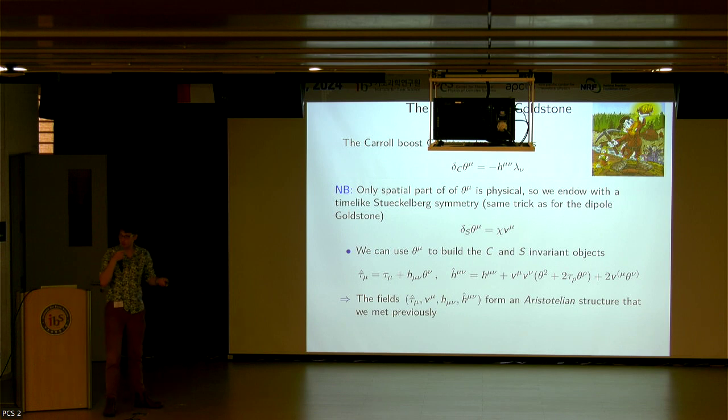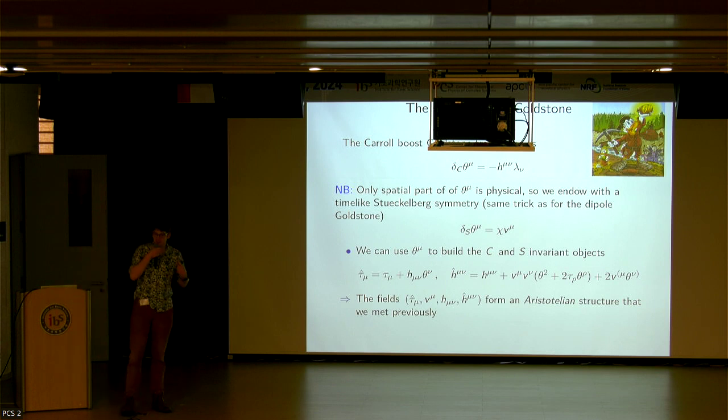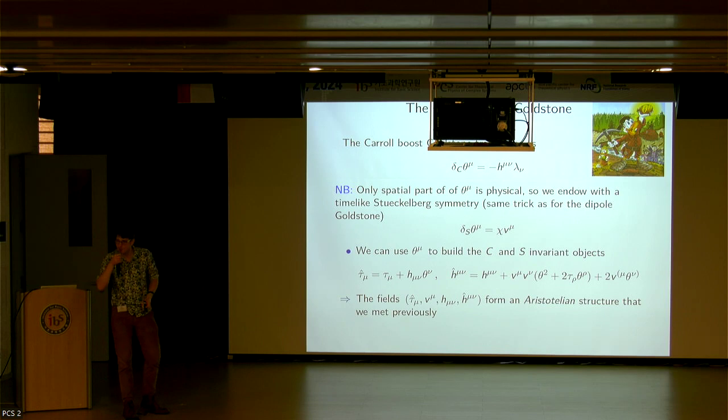So there's a dynamics there, and this comes back to Ricardo's questions about what the EFT for this is. In this case, it makes an Aristotelian structure dynamical, and as Yellow already mentioned, that's a Horava-Lifshitz theory.